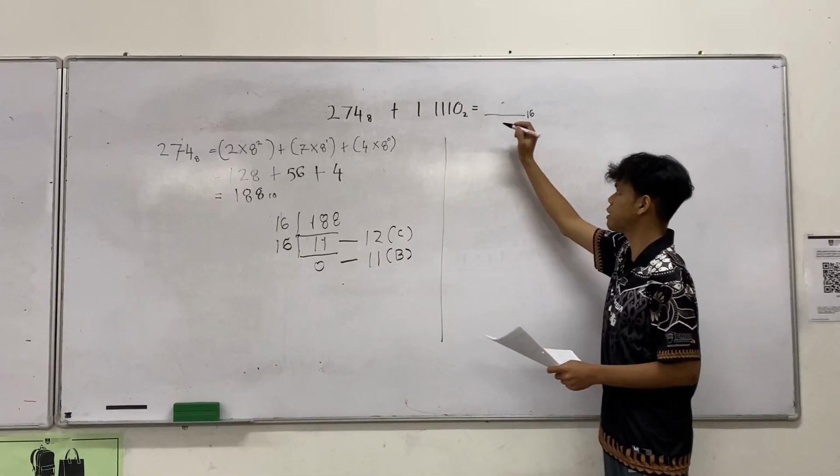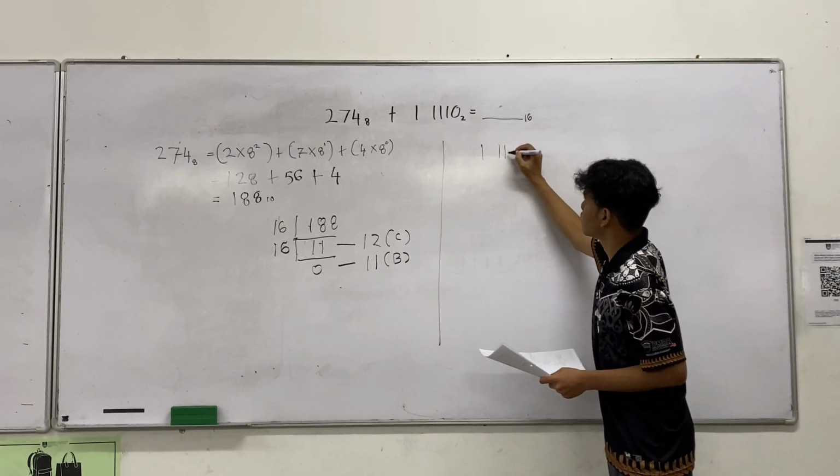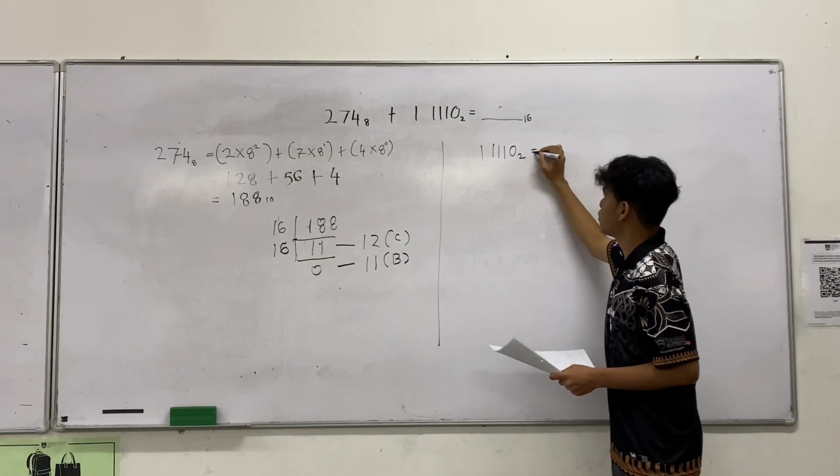So let's move to the binary number. 1, 1, 1, 1, 0, where the base is 2.